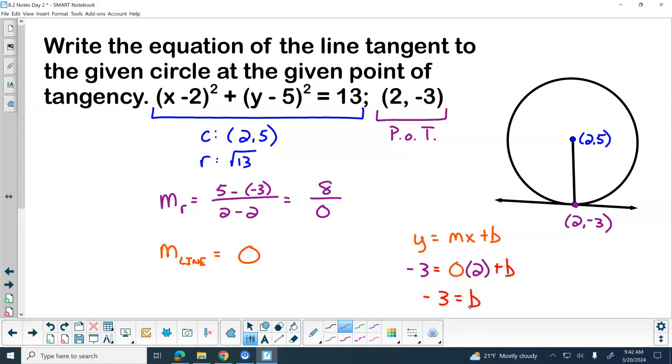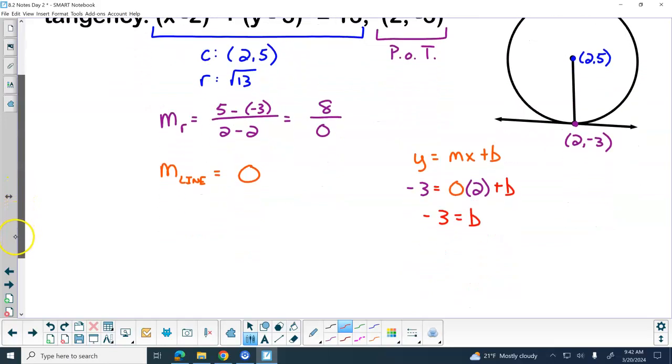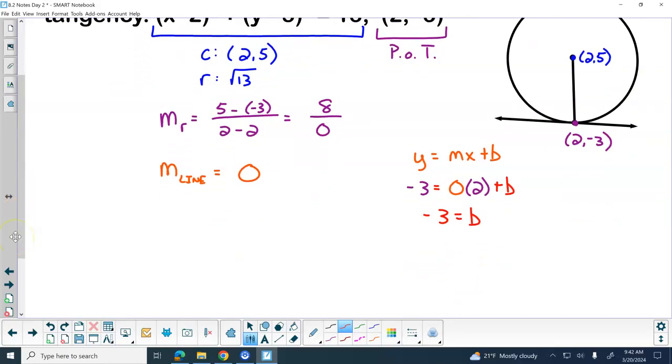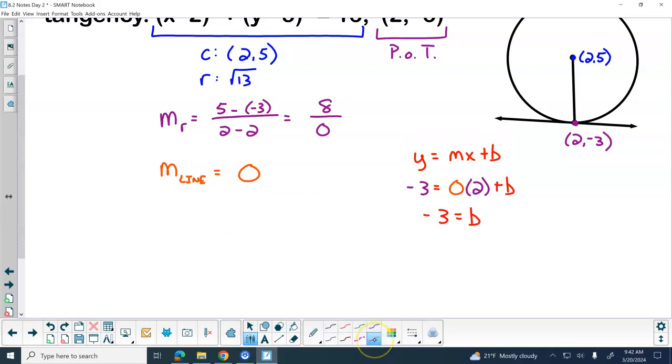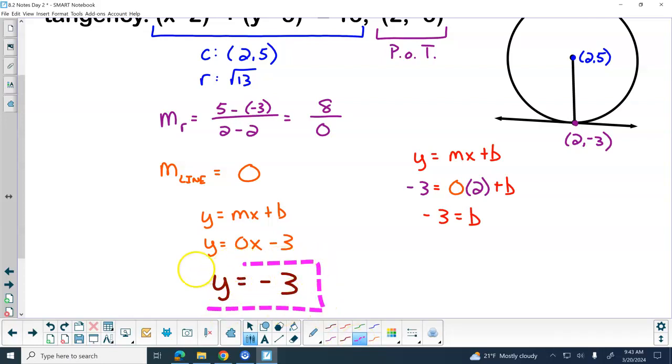Yeah? So when I go then to now write my y equals mx plus b, that's going to be y equals 0x minus 3, or simply put, just y equals negative 3. Yes?